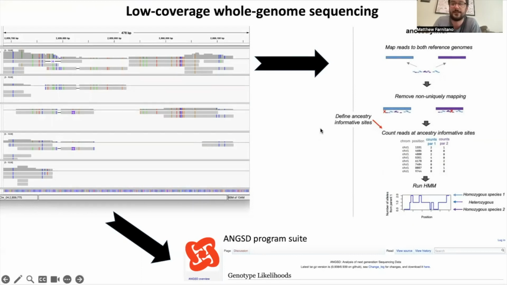The other approach is this ancestry_HMM pipeline, which takes prior information about allele frequencies in the two parental populations and uses that with a hidden Markov model to assign ancestry across the genome for each individual, combining across multiple sites to account for that missing data problem. And it can assign ancestry as homozygous for species 1, heterozygous, or homozygous for species 2.